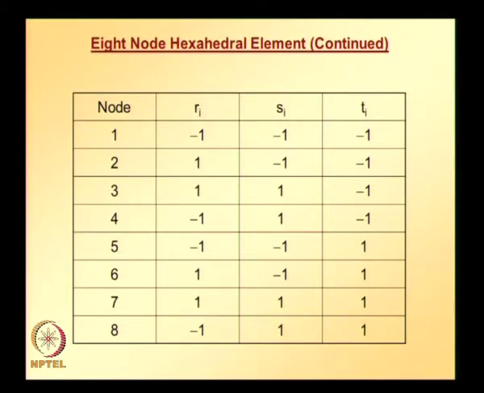And similar to the 4 node tetrahedral element, or for that matter the early elements that we looked at for planar and axisymmetric elasticity problems, the trial solutions are written in terms of finite element shape functions for the parent element.